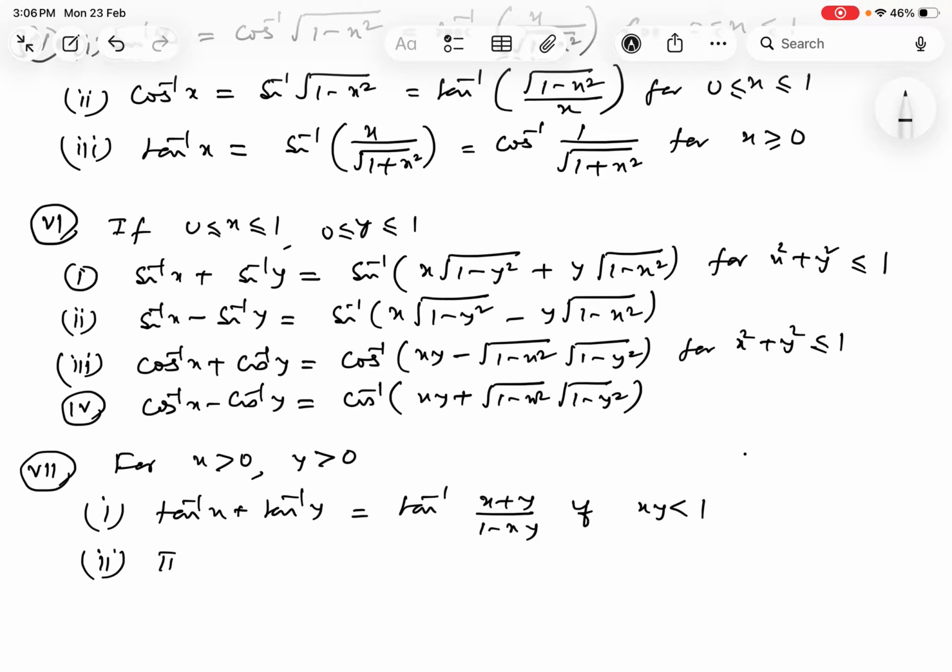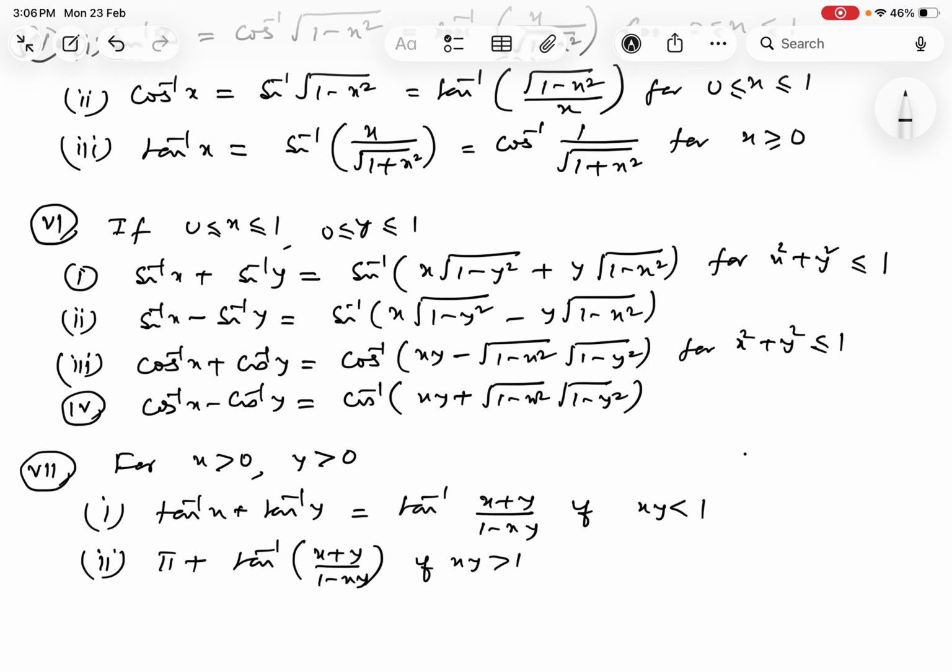It is pi plus tan inverse of x plus y by 1 minus xy if xy is greater than 1.